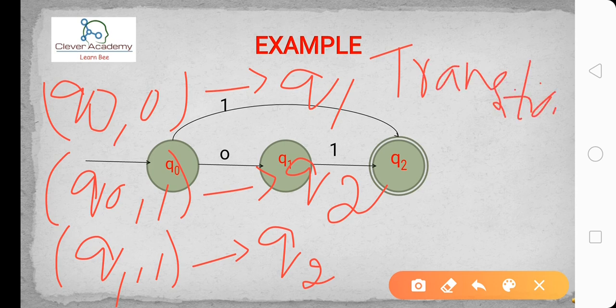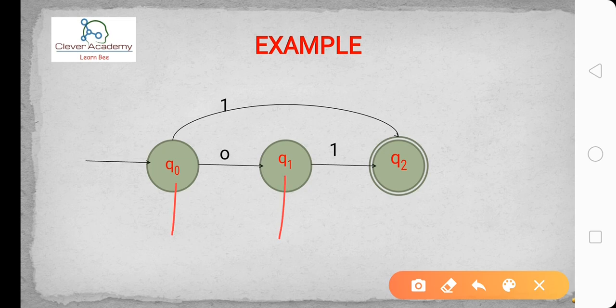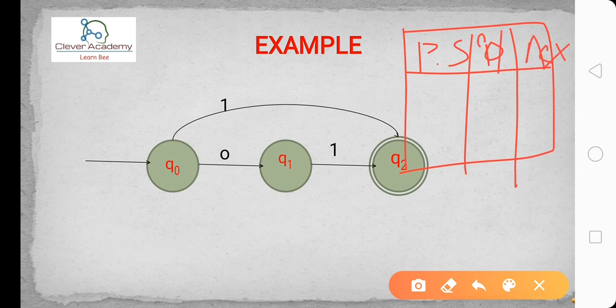So whatever the operations we are doing here, that are all represented the basic relationship between one state to another state. And coming to the last, the output means whenever we are moving to the next state, moving to the next state depends upon the output that we are representing in the form of a table. You can see this is the present state, this is on input, and next state.